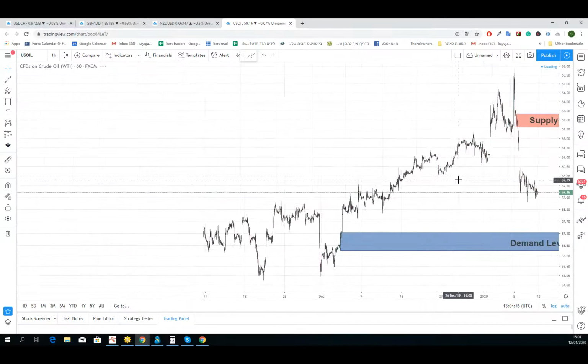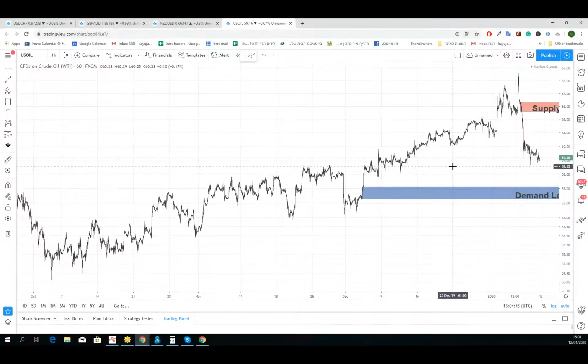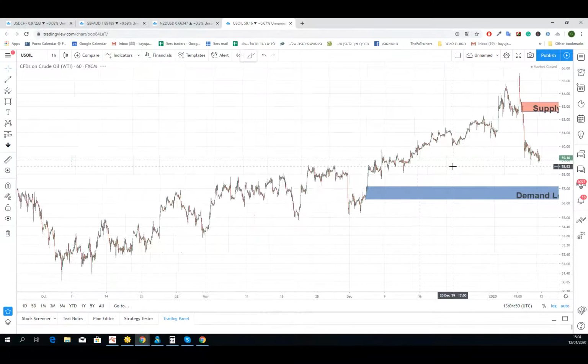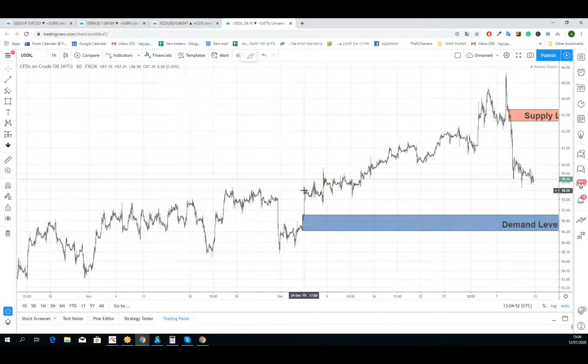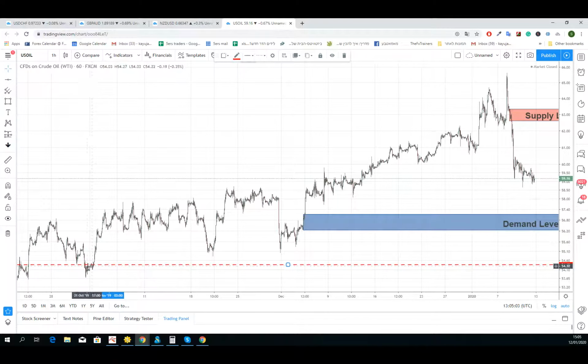I'll try to zoom out a little bit. For those who want another target for this position, it definitely can be this one below. This demand here below, it's not a demand, it was a demand.